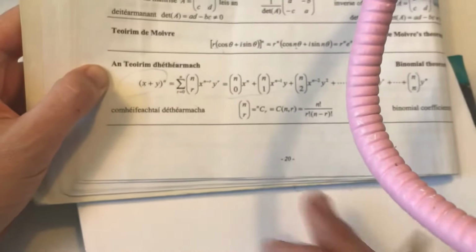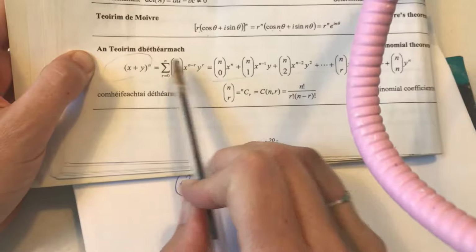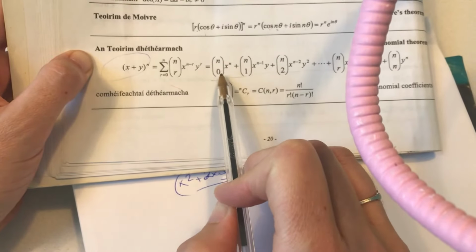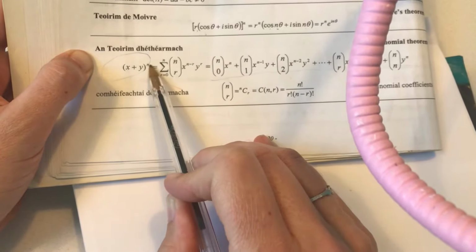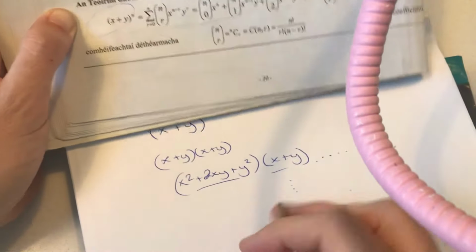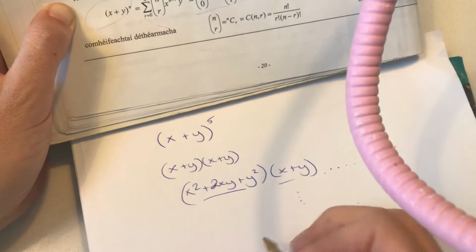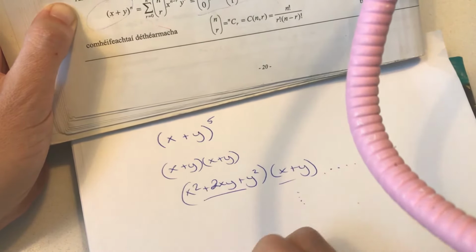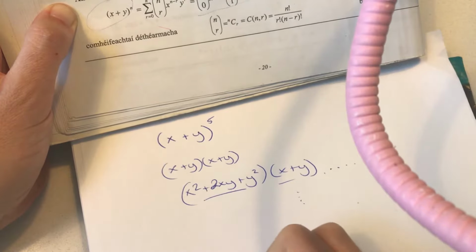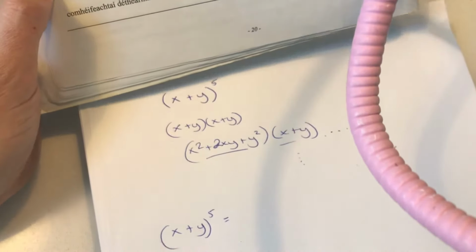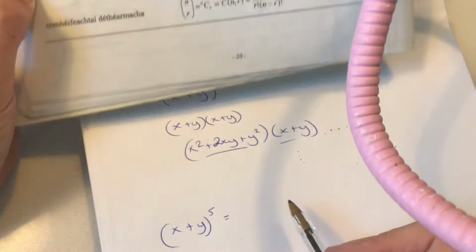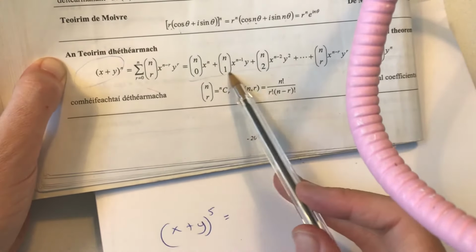Now, what it says is, whatever n is, that's your power. In this situation, my power is 5. If I want to multiply that out by itself 5 times, but I want to do it in a faster way, I can use this here.